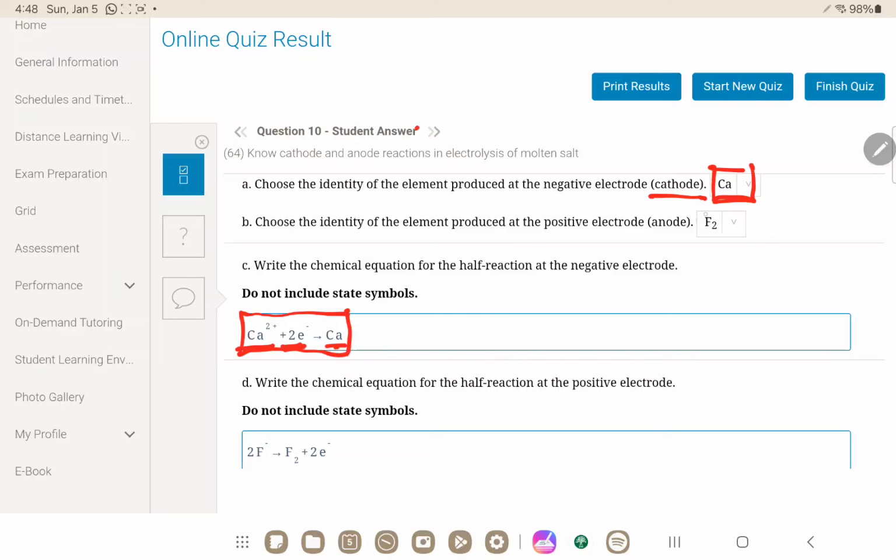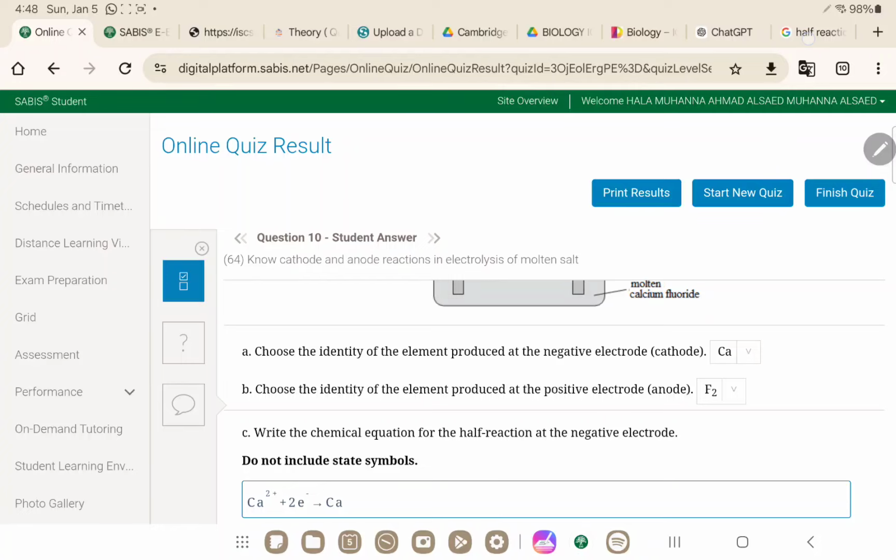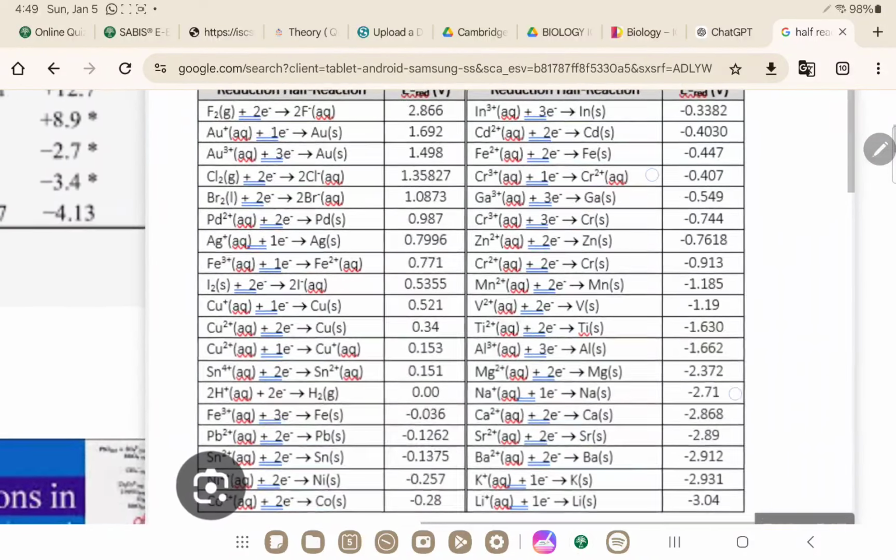And for the positive electrode, it's going to undergo oxidation. So you're going to have fluoride ions going into fluorine and 2 electrons in the products since it's oxidation. Again, like I said, you're going to find these in the exam, on a table that looks something like this in the back of our exam paper.